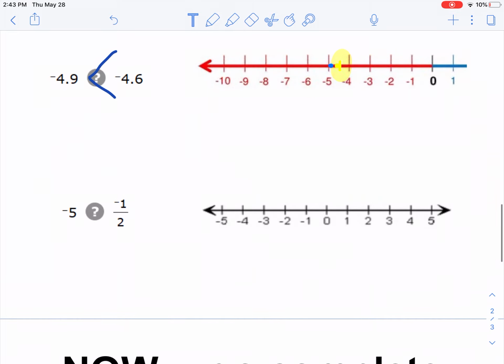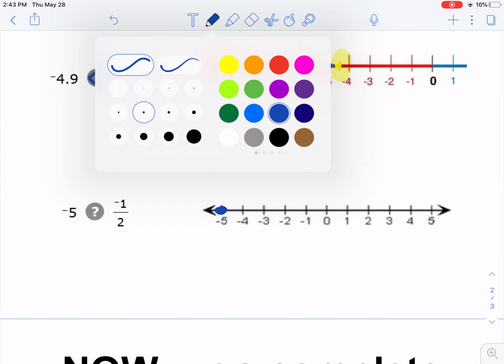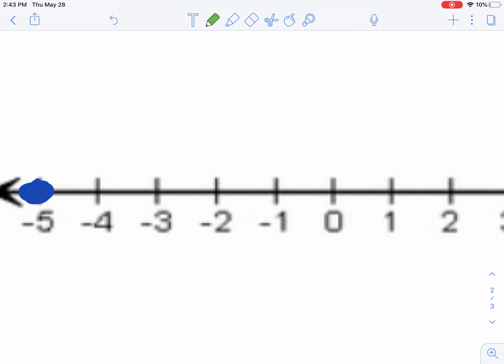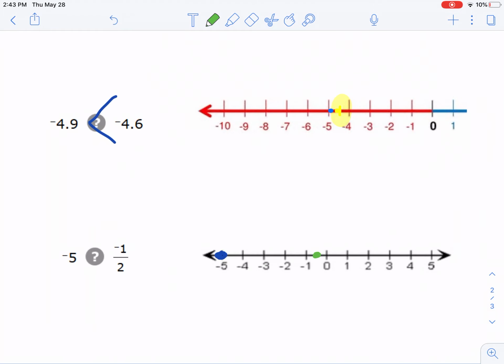All right, let's look at the next one. I've got -5 blank -1/2. So I'm going to plot -5, easy. It's going to be a negative whole number. And now, if I think about where -1/2 is, I know it's going to fall halfway. It's not going to be -1. It's going to fall halfway between 0 and -1.